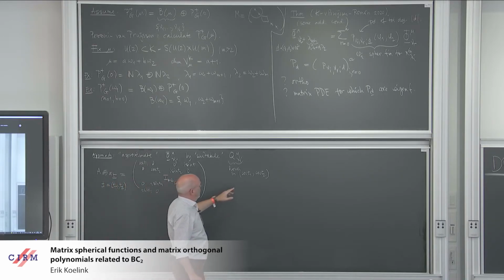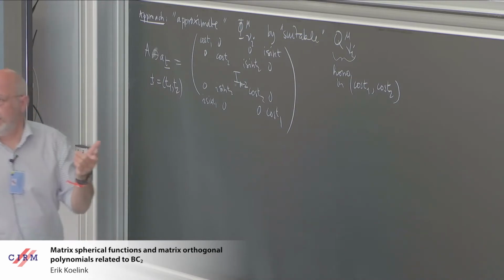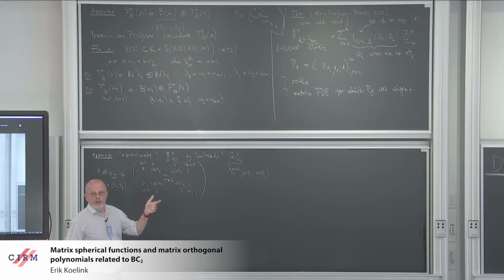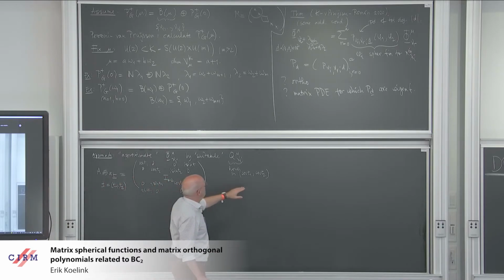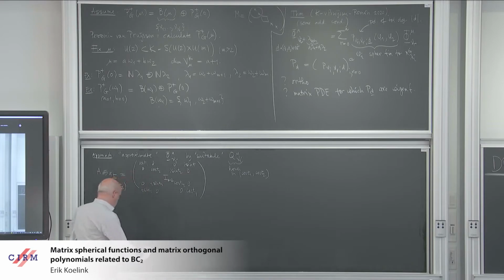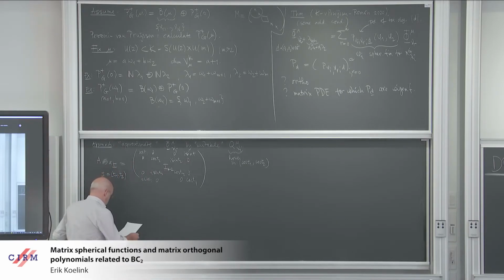The Weyl group has two generators in this case, S1 and S2. S1 is a flip, and S2 is a sign change. And S2 acts trivially, so there are no sign changes, so they have to be polynomials in cosine T1 and T2.